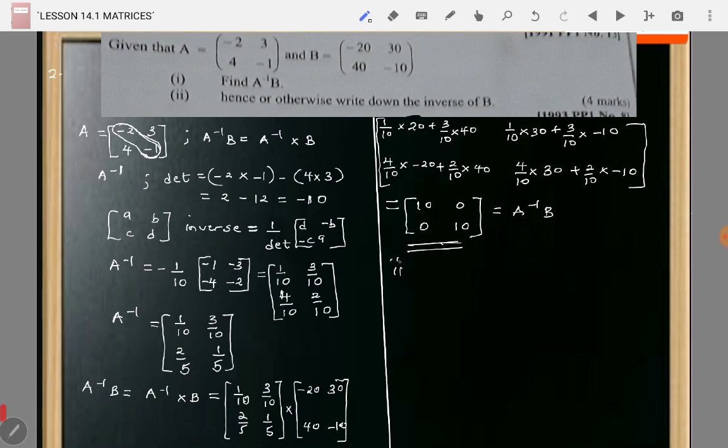For part 2, we have been asked to get the inverse of B. We can let [10, 0; 0, 10] to be x. Then it means that A inverse B is equal to x.